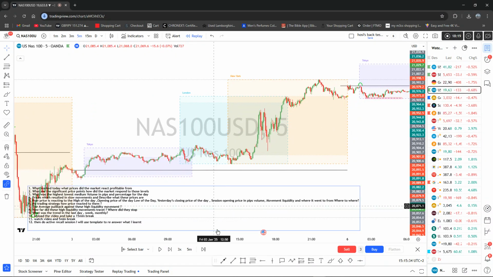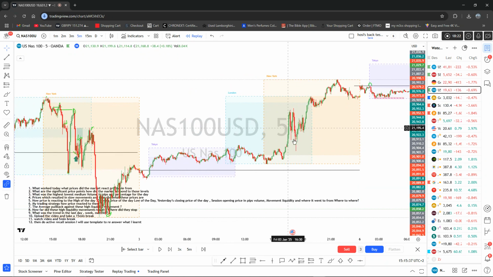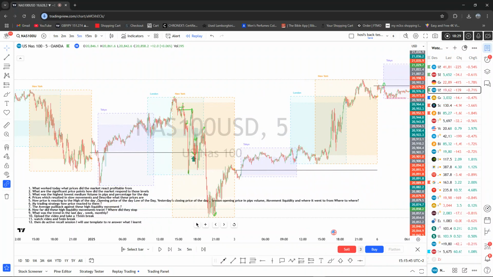Prices that stop here, what is that area when selling? Well, right now I have to go back too far. That is yesterday's Tokyo opening price, as you can see.